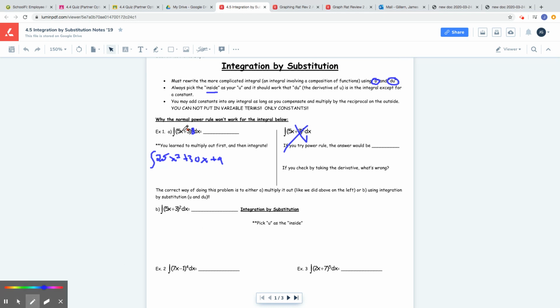For this particular problem, obviously you can do it the other way, but if we're going to do this by substitution, the inside is whatever you have a quantity raised to a power. So from now on, whenever we have a quantity, meaning whatever's in the parentheses, raised to a power, we're going to do substitution. Whatever is inside the parentheses is going to be our inside. It's going to be our u.